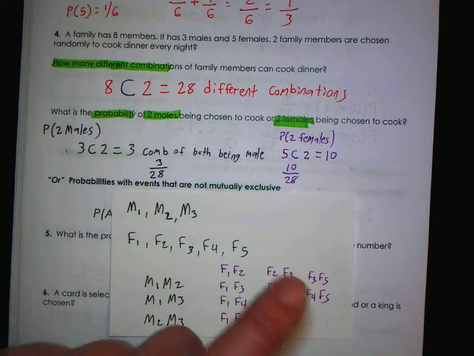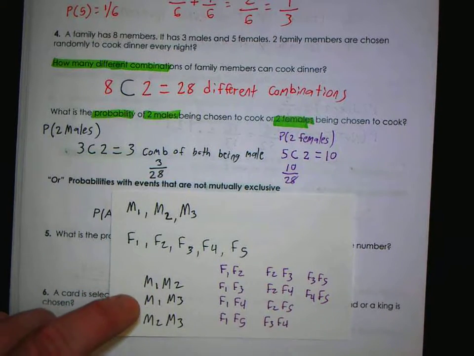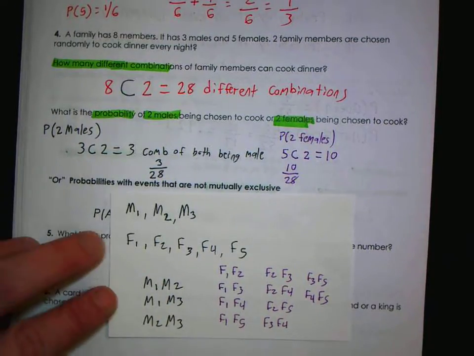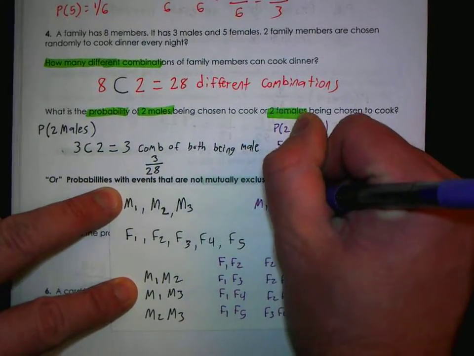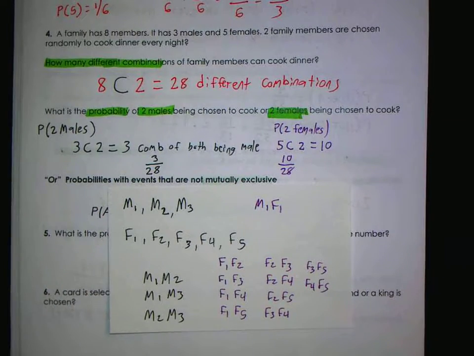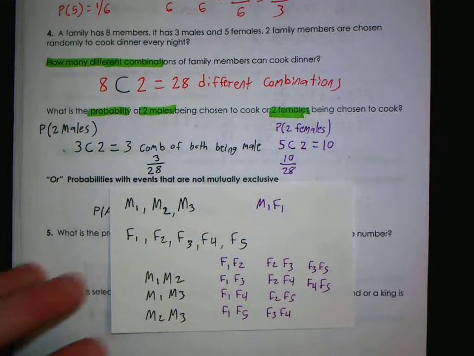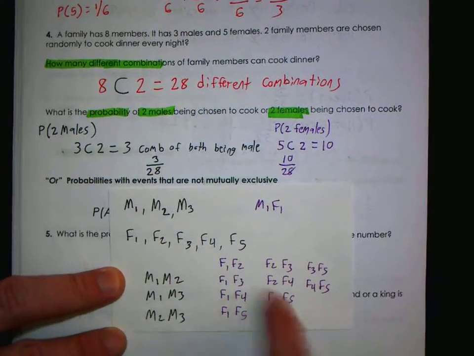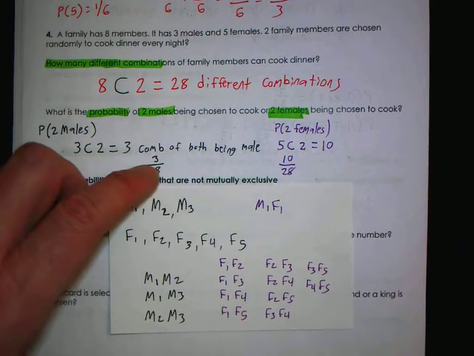So you have 10 of these, you have 3 of those, but you could have male 1 with female 1, right? You could have males and females mixed together cooking. So we don't have anyone in this family that is both male and female, okay?